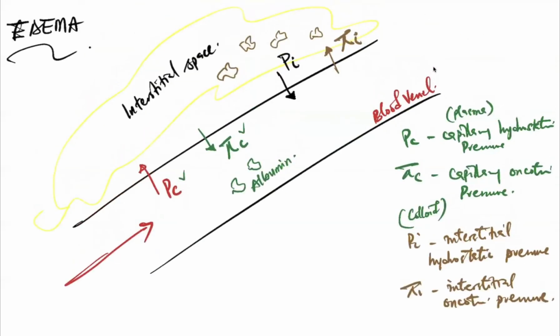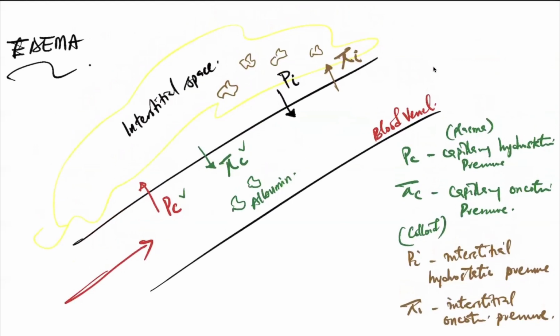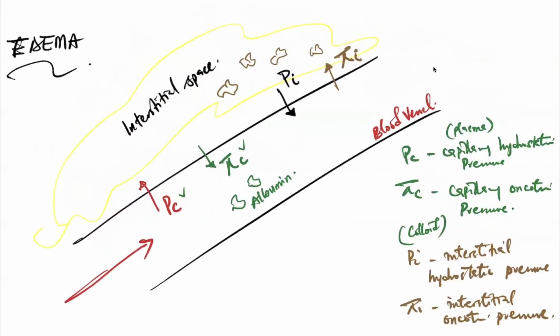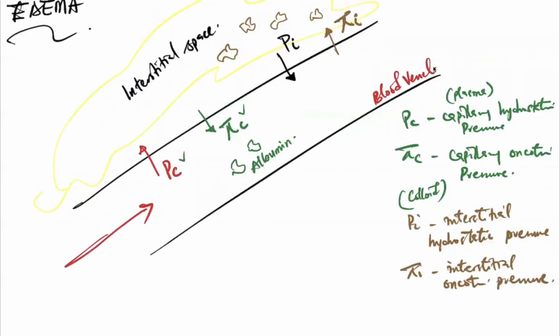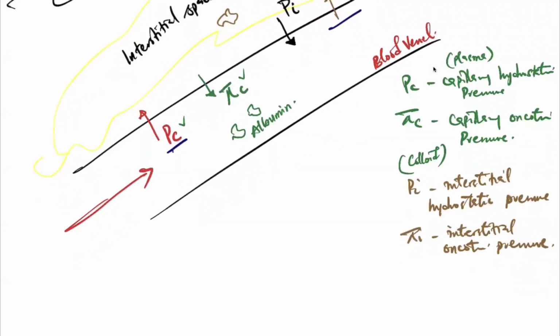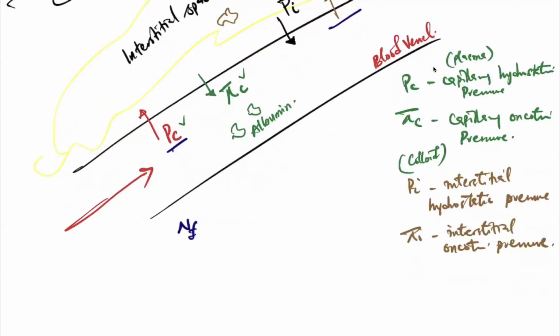How do we know what direction fluid is going to go? The direction fluid is going to go depends on the balance between these forces. So we want to take all the forces that act in one direction. For example, if we take capillary hydrostatic pressure and interstitial oncotic pressure, we are going to have net filtration: capillary hydrostatic pressure plus interstitial oncotic pressure.